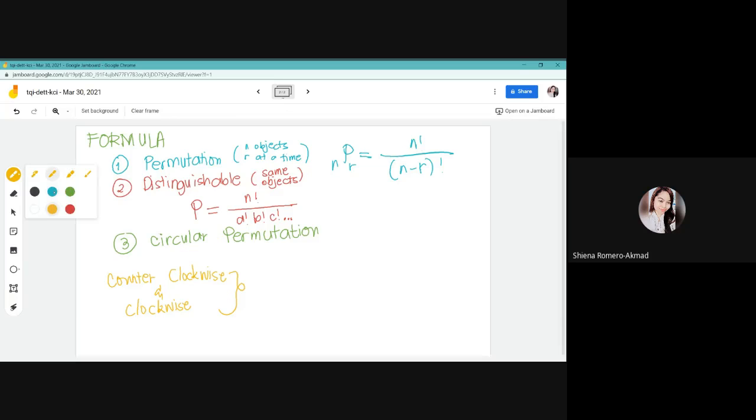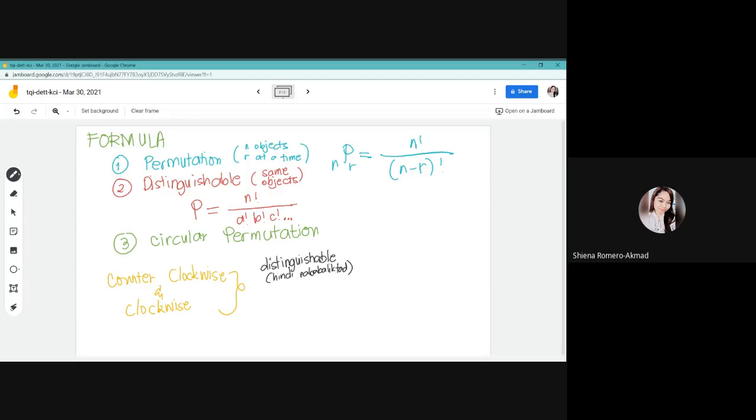Kung distinguishable siya, madaling malaman kung siya ay pakanan or clockwise or counterclockwise. Ibig sabihin, hindi na babaliktad, hindi na flip. Yung lamesa ba, mababaliktad mo? Para lang malaman mo yung arrangement nila.